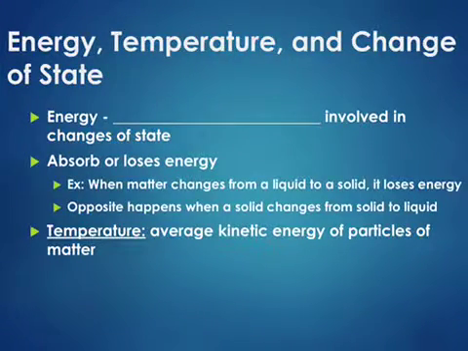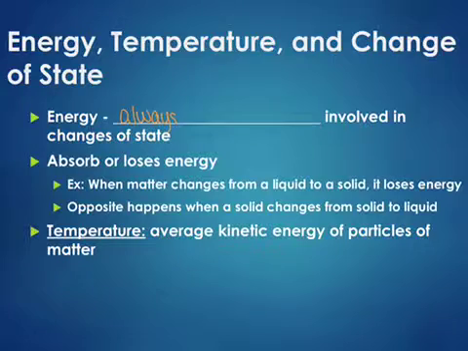Energy, remember, always is involved. The only way to go from liquid water to solid water or solid water to liquid water is with the presence of energy. Energy is either gained or lost.